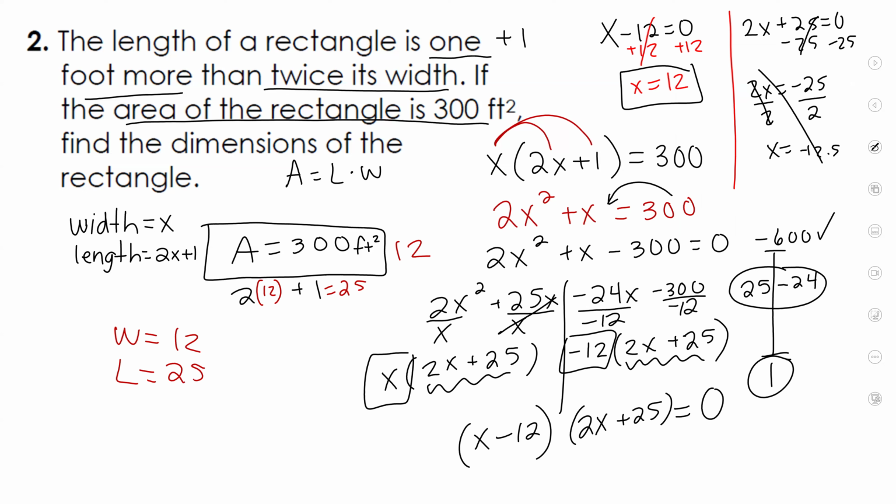And let's look at the original word problem. It says the length of the rectangle is 1 more than twice the width. What's twice the width? And then what's 1 more than that? There you go. Twice the width would be 24, and 1 more than that is 25. So these numbers make sense in our word problem.